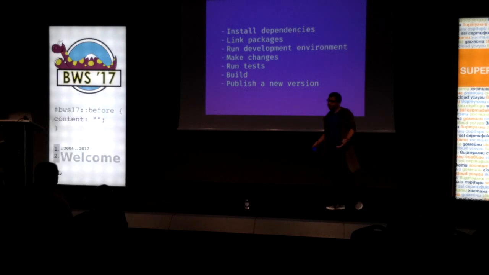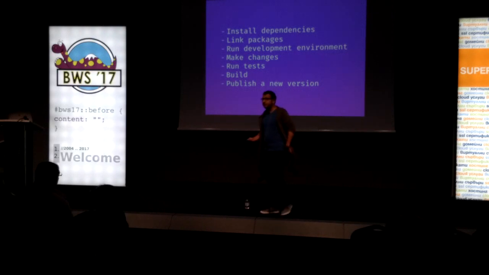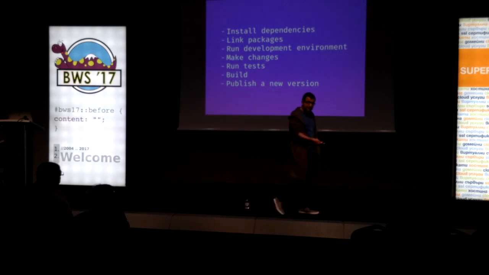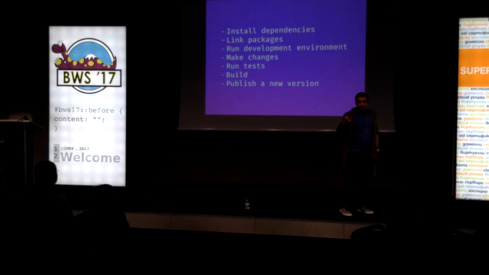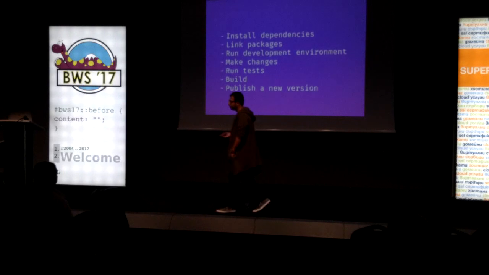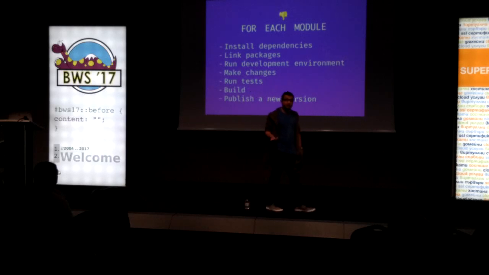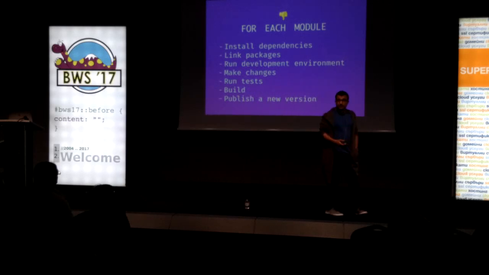Then, to be sure that you are not breaking something, you have to run your tests, and you have to build, and then publish a new version and get your package. But this is for each module. For each module, you have to do all of this. So if you have 100 applications or libraries, you have to do this 100 times.